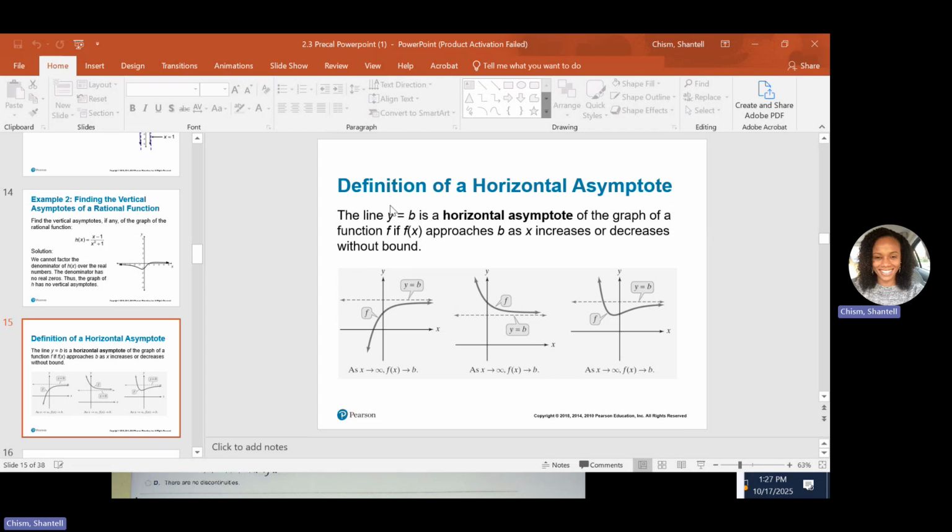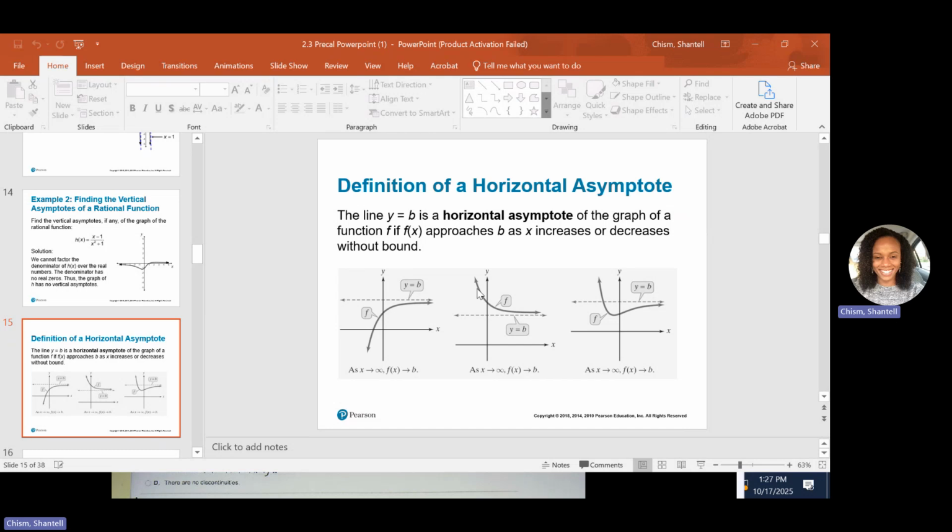So the line y equals b is a horizontal asymptote of the graph of a function f if f of x approaches that number b as x increases or decreases without bound. So as x approaches positive infinity and the function approaches that value b, then that means y equals b is a horizontal asymptote.